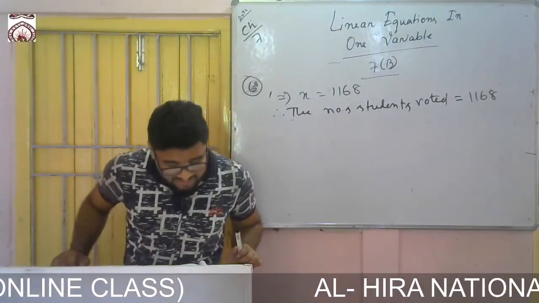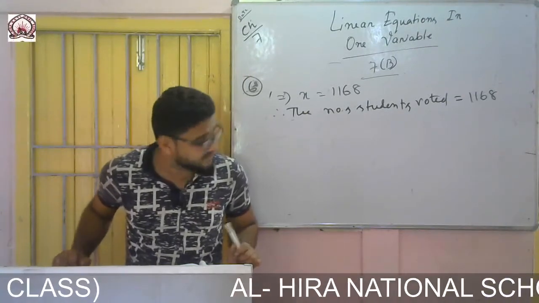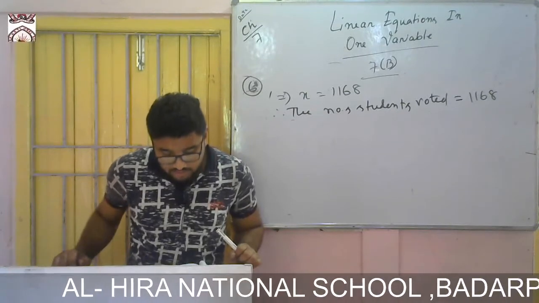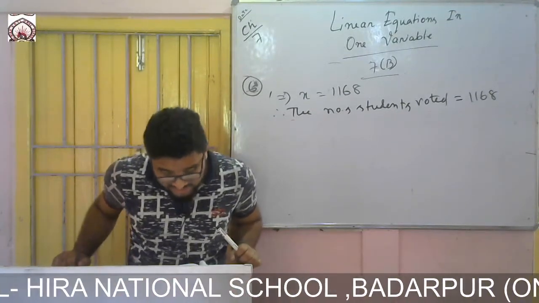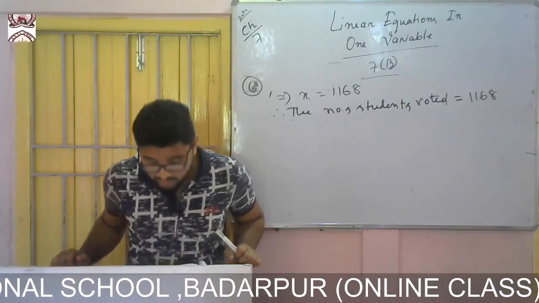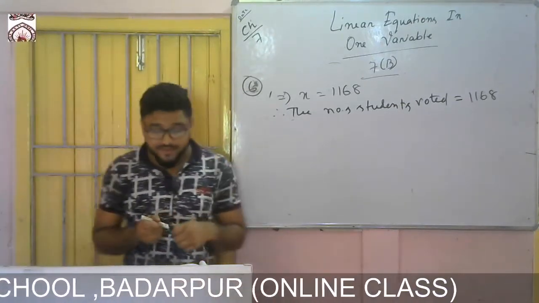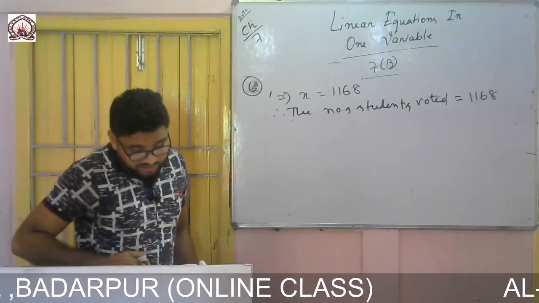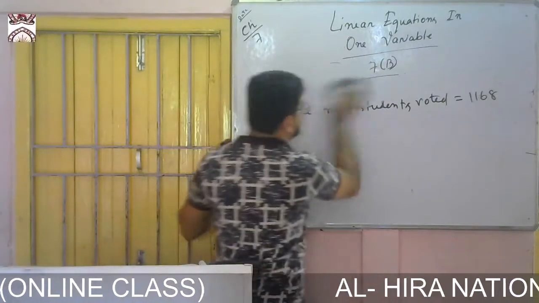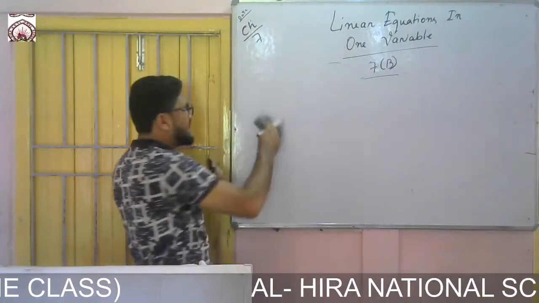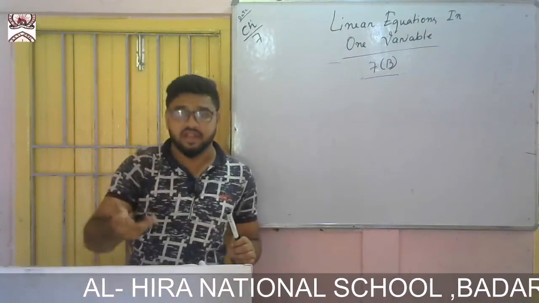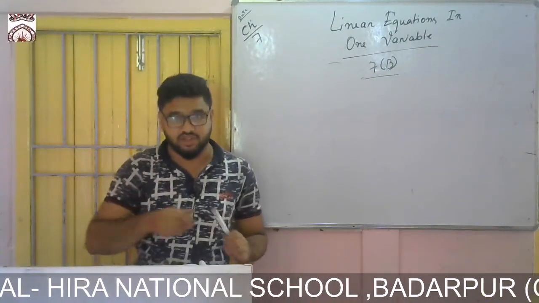Now come to question number 7. After gaining 15 kg, Nisha weighs 60 kg. What was her previous weight? Let the previous weight of Nisha be x. After gaining 15 kg, her weight became 60.